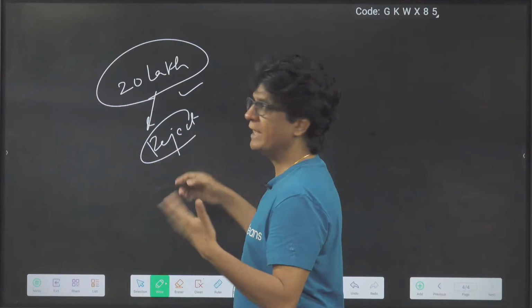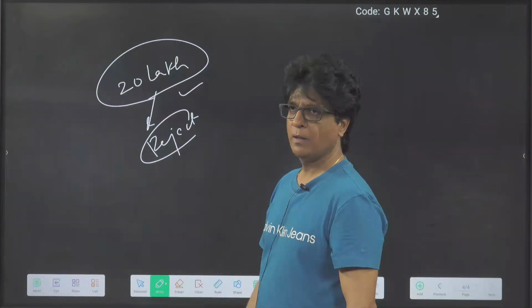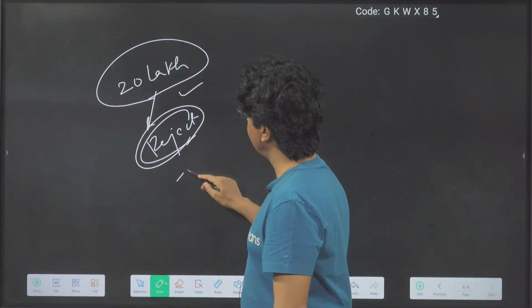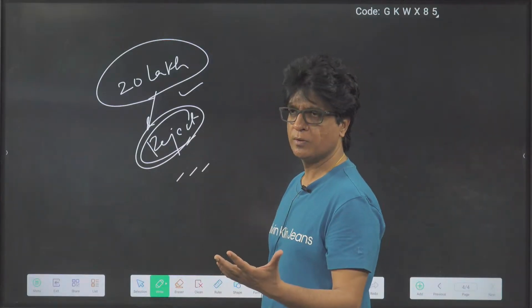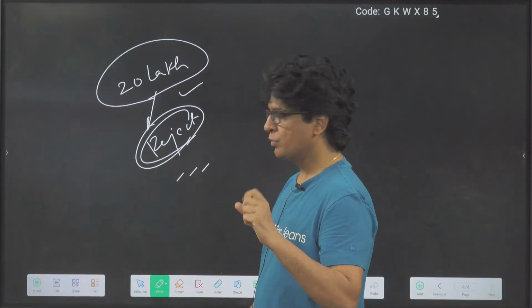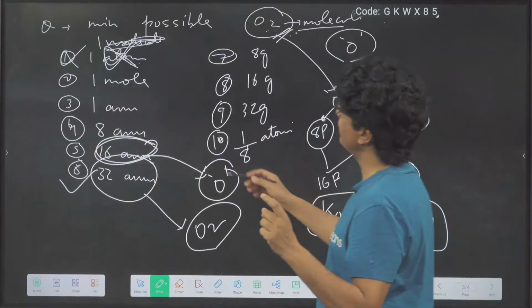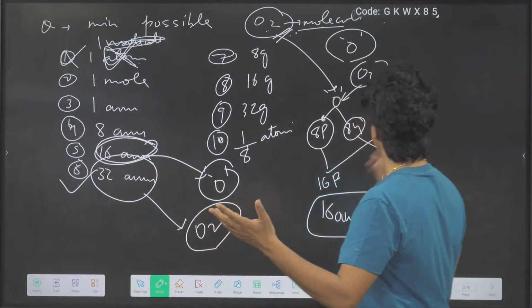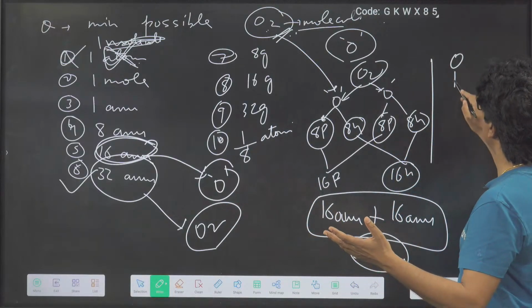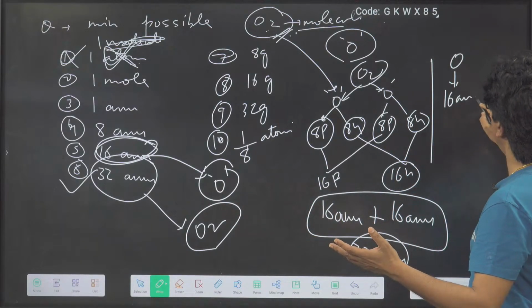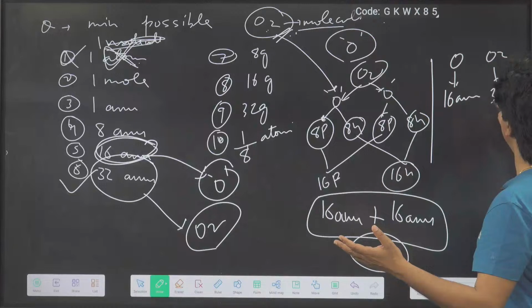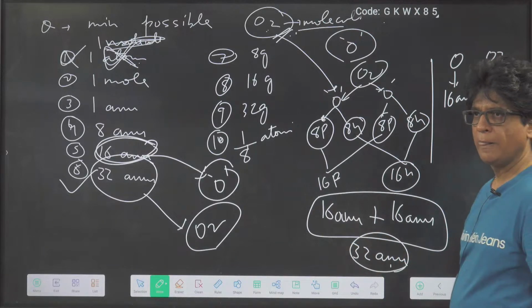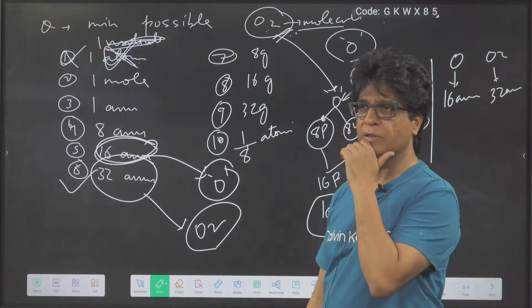They will reject as many as possible. How will they reject? By giving certain questions which demand focus and conceptual clarity. So this question demanded focus as well as conceptual clarity, because some of you were not even aware that O is actually 16 AMU and O2 is actually 32 AMU. So got to be very clear, okay?